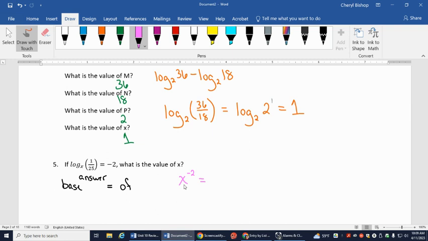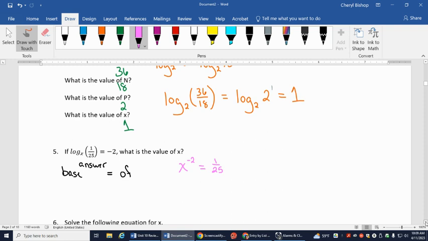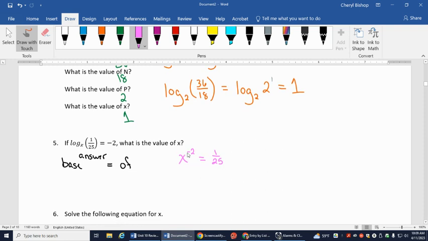Log base x of 1 over 25. So my of is 1 over 25, equals negative 2. That's my answer. That's the exponent. Okay? If I asked you to rewrite x to the negative 2 as an exponent that's not negative, how would you rewrite that?